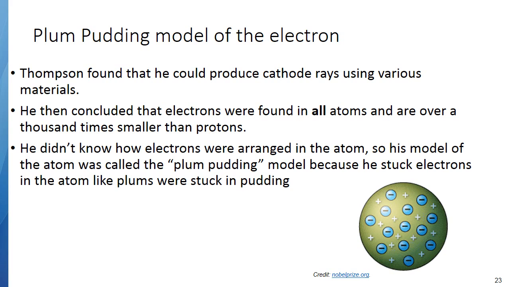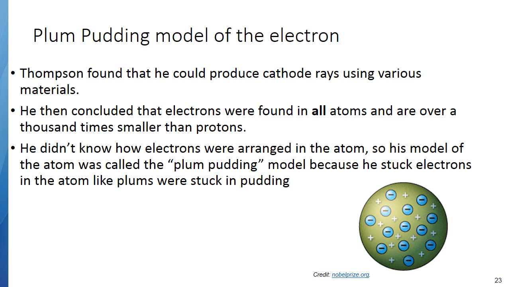His idea of what the atom looked like, the picture on the lower right-hand side, was called the plum pudding model, because he knew there were small particles that were negative, and he knew that if something was negative, there had to be an equal number of positive particles to make the overall atom neutral, and he didn't know how they were organized, so he just stuck them in there.